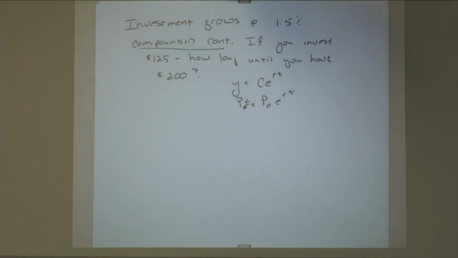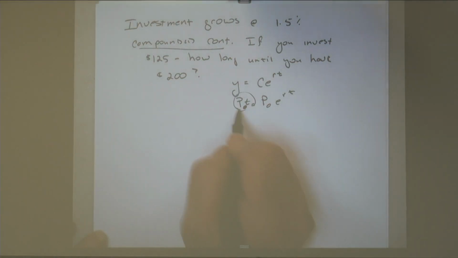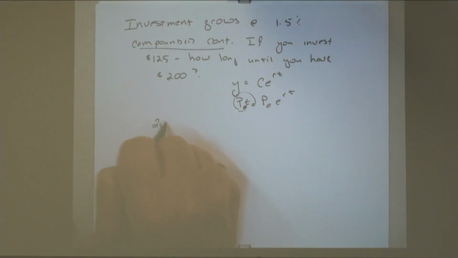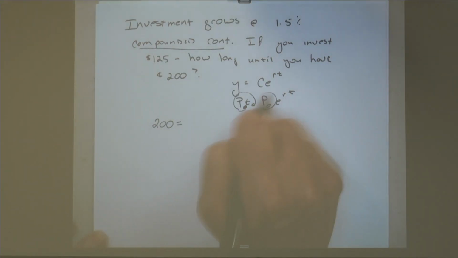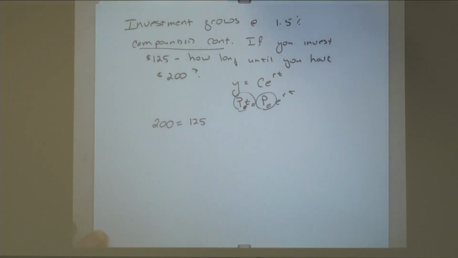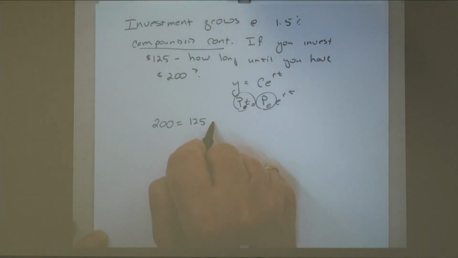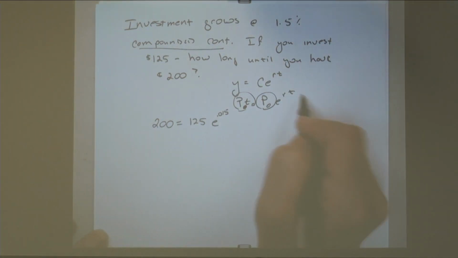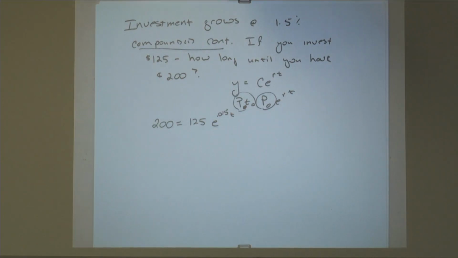So what do you know? Well, you know what you want at time t, which is 200, and you know how much you're starting with. E is a given. The rate of return is 0.015, and t is the variable we're looking for. So that's what's missing out of all of this. All right, take just a minute and solve that, and I'll be right back.